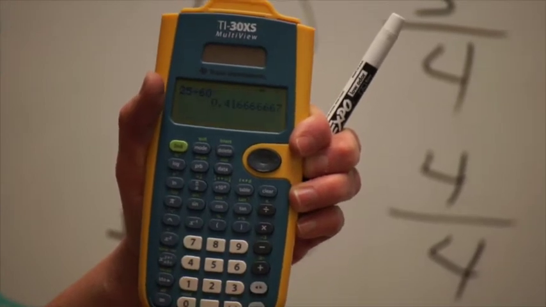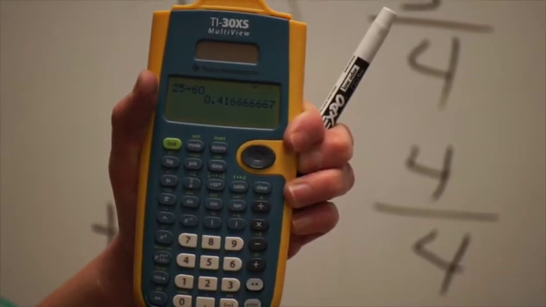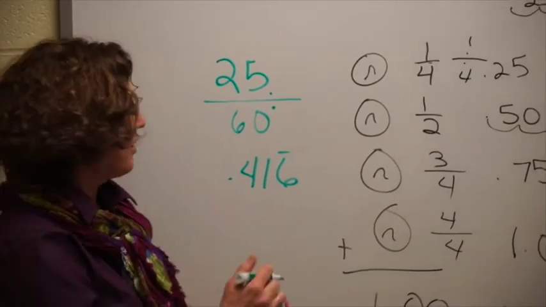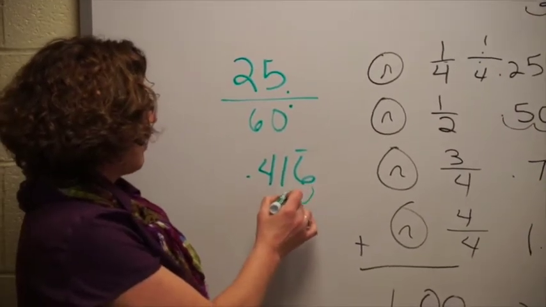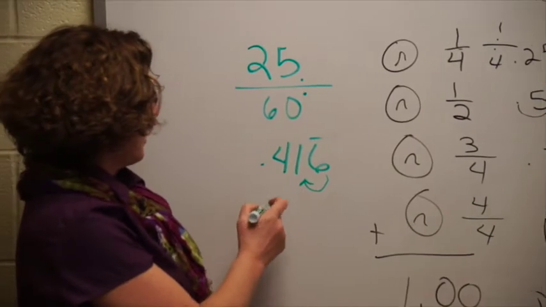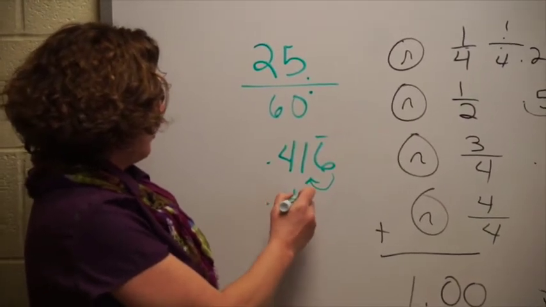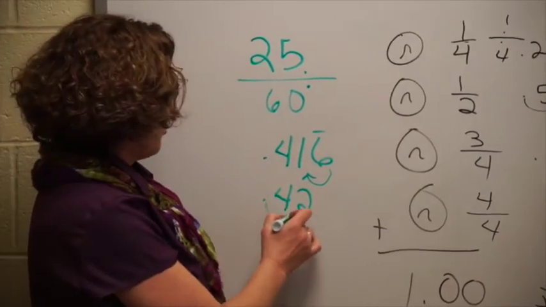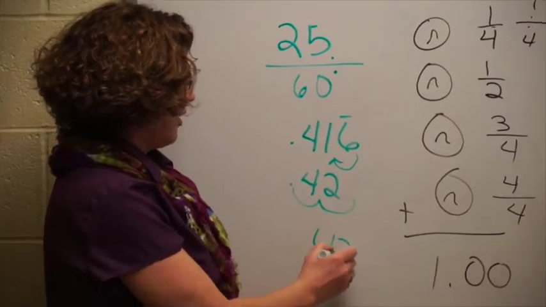And you will get 0.41 repeating 6. Using our rounding skills, we're going to round the 6 to this place value, 0.42. What percentage? Moving your decimal over, you get 42%.